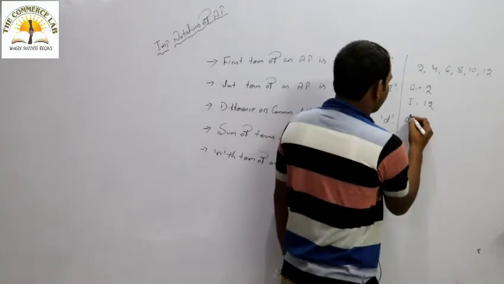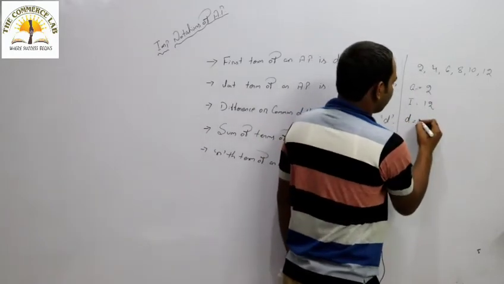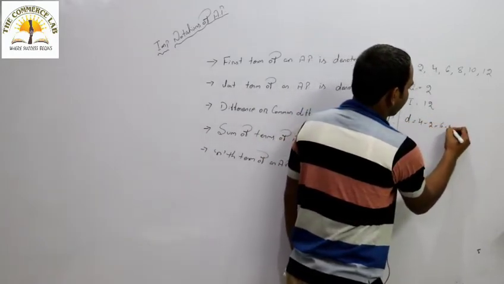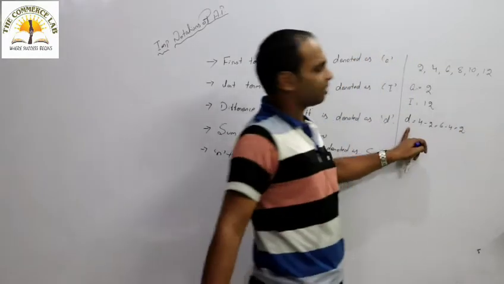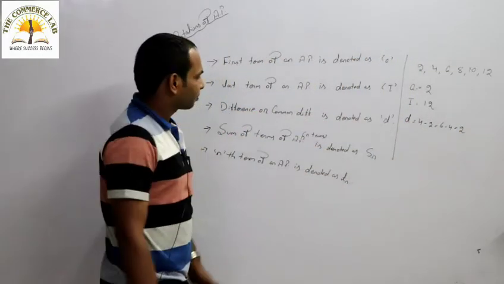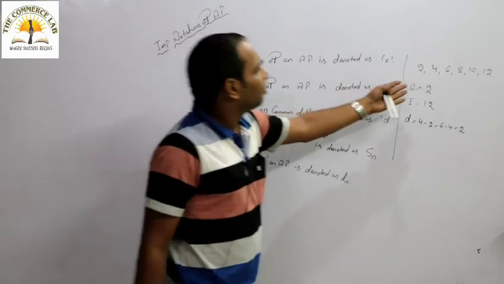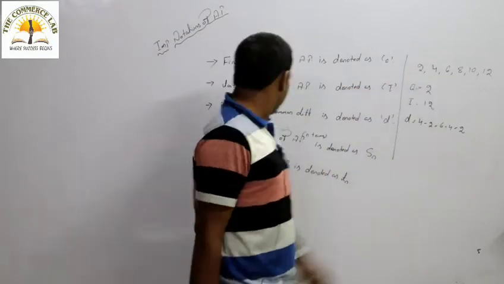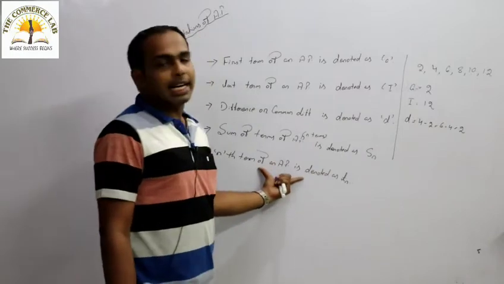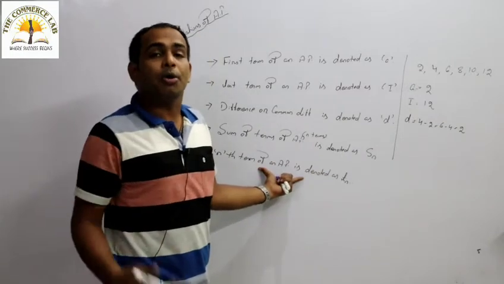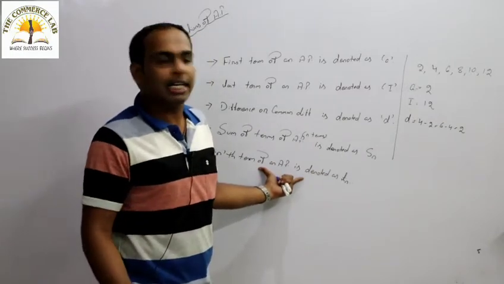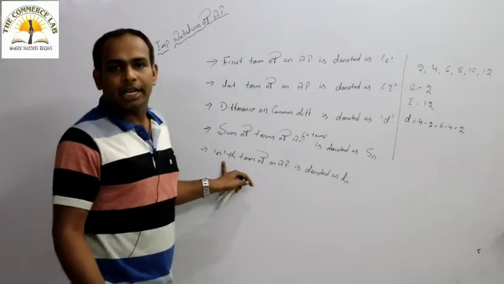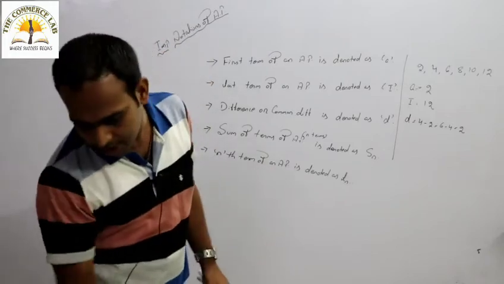Then the common difference d: 4 minus 2, or 6 minus 4, is equal to 2. So d is equal to 2. Next we will find how to calculate Sn, the sum of terms. Then Tn, the nth term. Come to the Tn part.